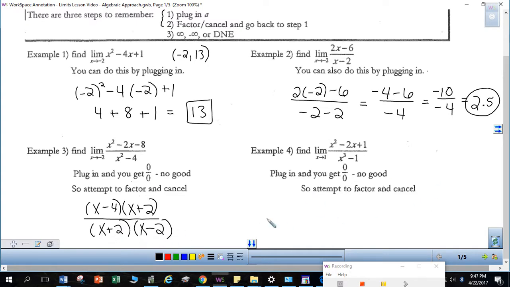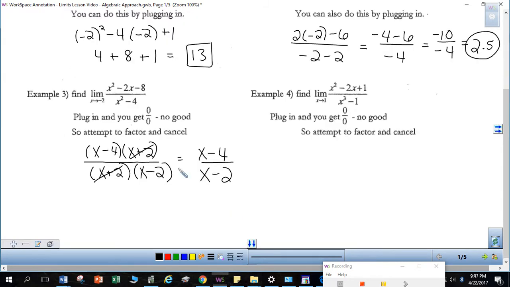So sure enough, we can cancel the common factor of x plus 2. Now we're going to go back to step 1 and plug in our x value of negative 2. So on our numerator, we have negative 2 minus 4 over negative 2 minus 2, altogether giving us negative 6 over negative 4, which will simplify down to positive 3/2.